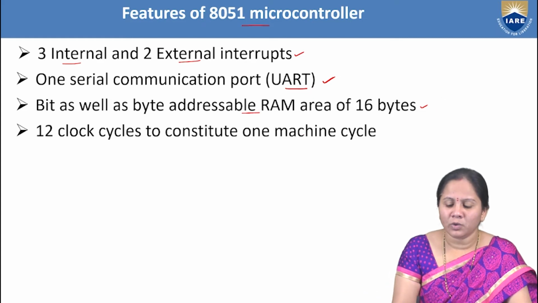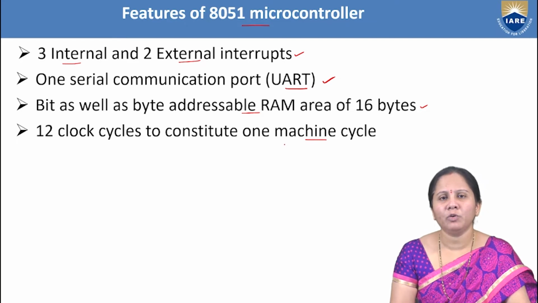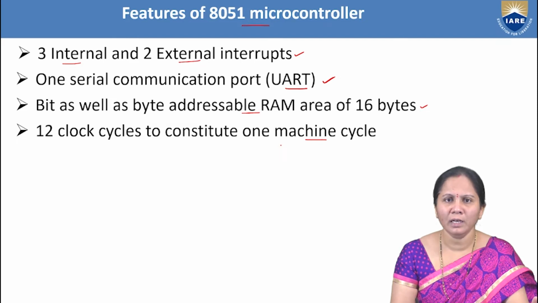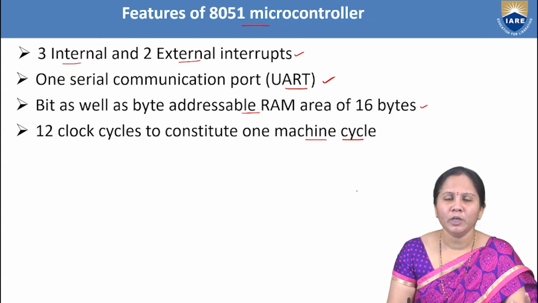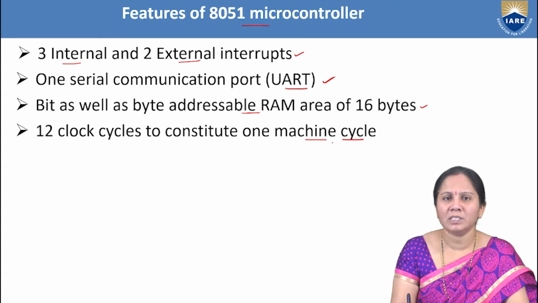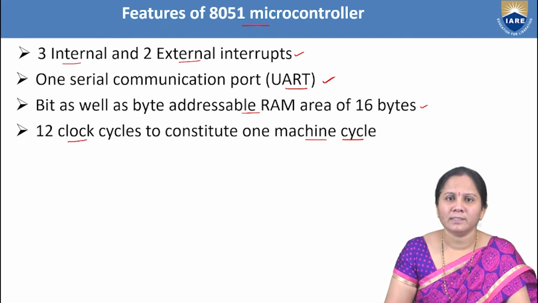And now the machine cycle. While discussing the 8086 microprocessor, to execute one instruction it requires 4 clock cycles, T1, T2, T3 and T4, which we call the instruction cycle or machine cycle. In the same way, for the 8051 microcontroller, to execute one instruction we require 12 clock cycles.